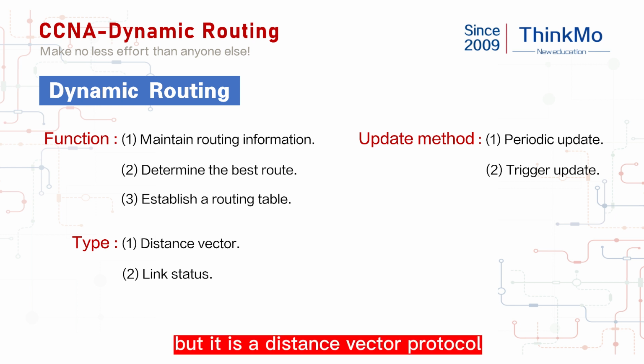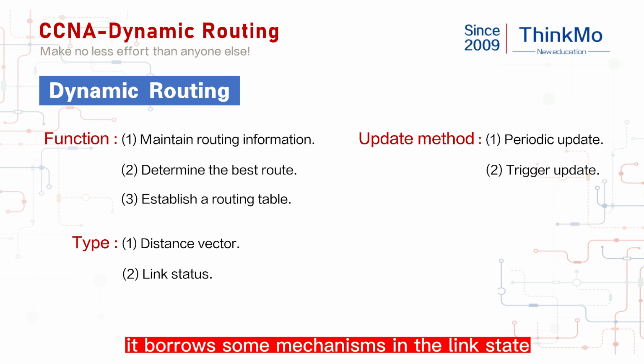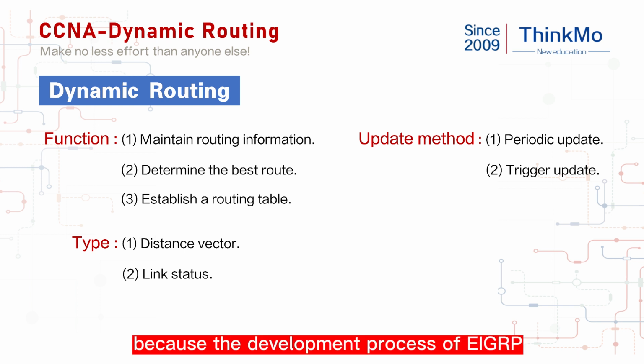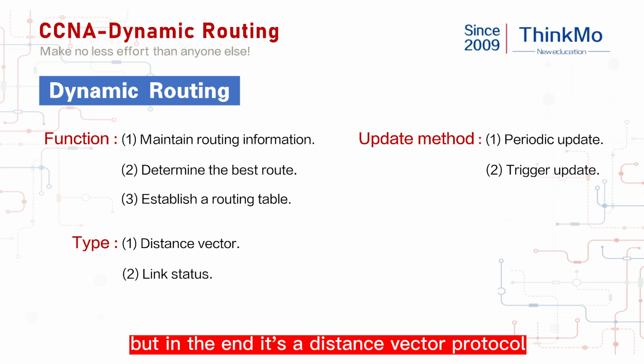But it is a distance vector protocol with link state features. It has some characteristics of link state and borrows some mechanisms from link state, because the development process of EIGRP refers to some public protocol factors. So it has both link state and distance vector features, but in the end it's a distance vector protocol.